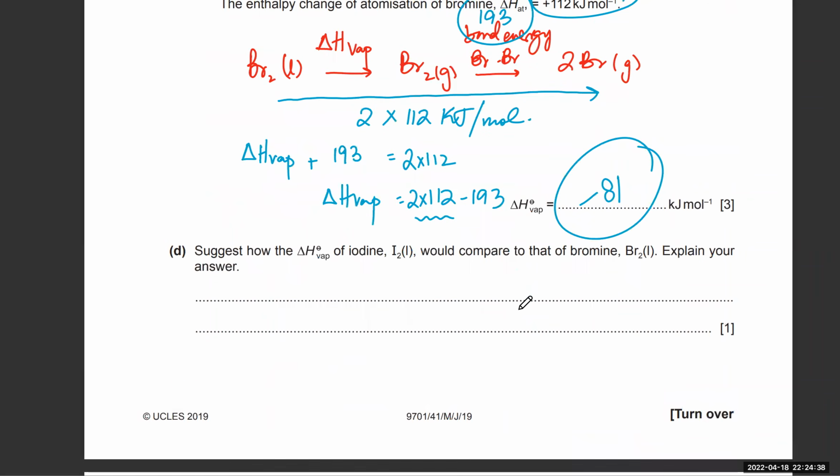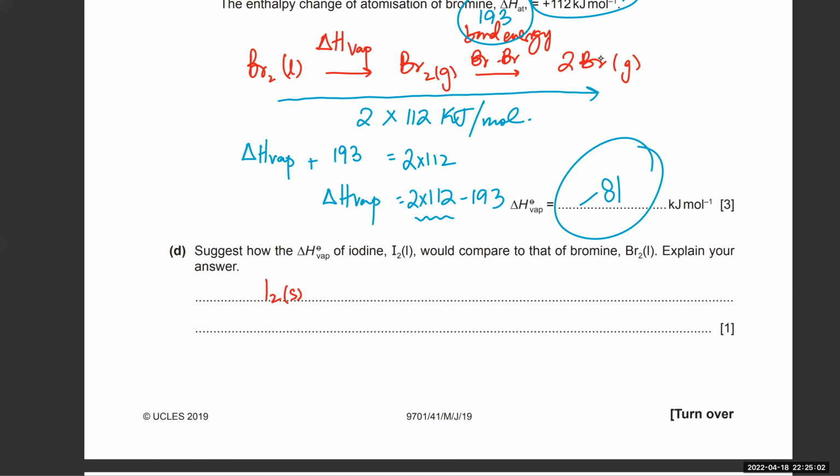Yes. So the next part is: suggest how the enthalpy of vaporization of iodine would compare to that of bromine. Explain your answer. Now, if you do the same cycle, iodine is a solid to begin with. Remember, enthalpy change of atomization is when the element turns into gaseous atoms.